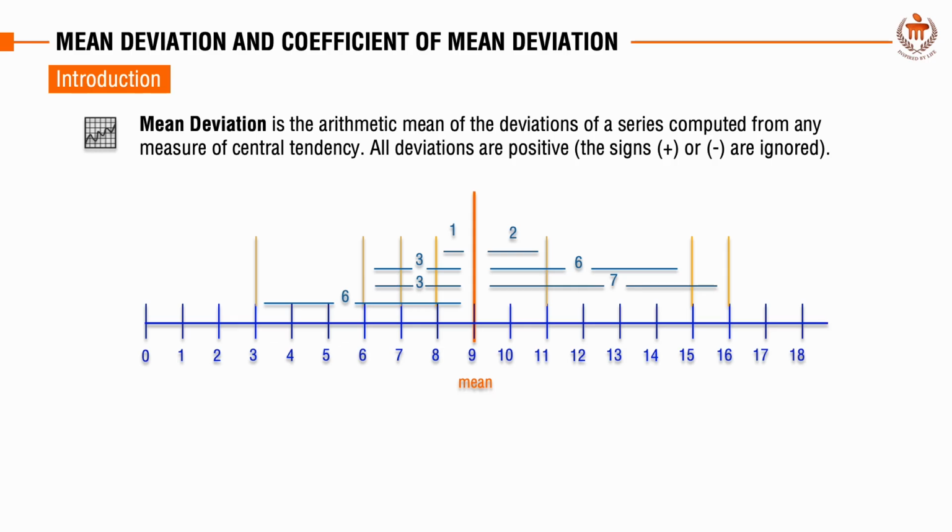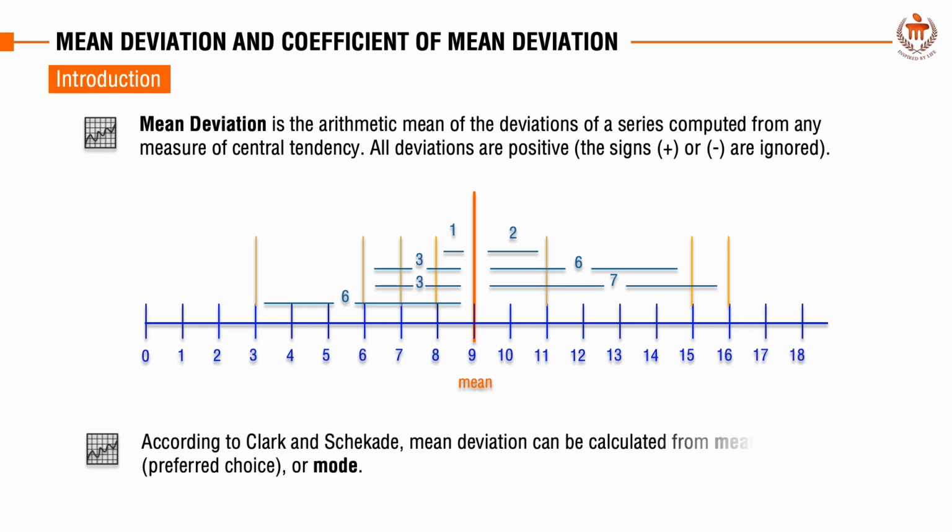It can be computed from the mean, median, or mode, where all deviations are taken as positive and the signs are ignored.